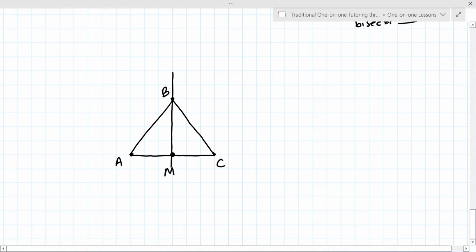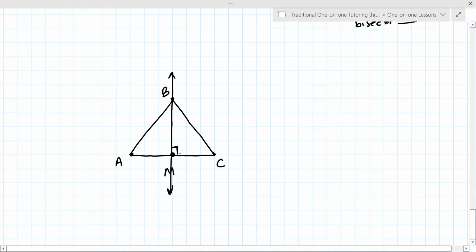All right, so now let's look at a triangle. I'm going to draw a triangle here. So this is a triangle, A, B, and C. Here is the midpoint between A and C. This line right here goes through the midpoint and it meets at 90 degrees.